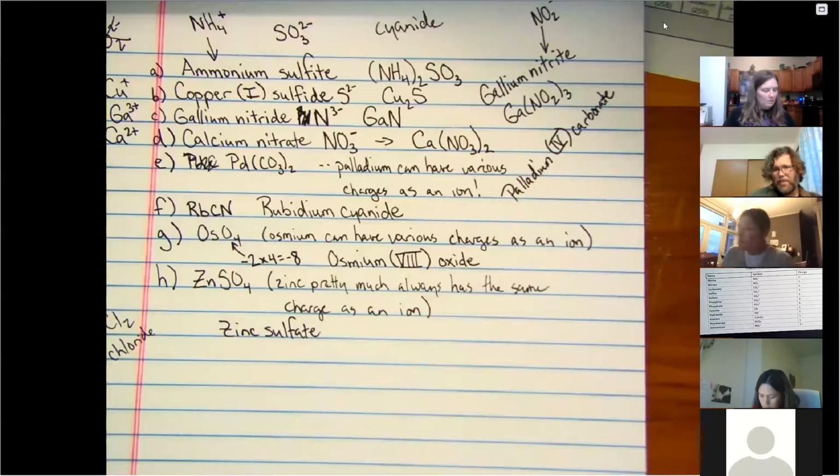Hopefully those examples have helped you guys out. So most of chapter 3 is really just, can you write the correct formula for an ionic compound? Can you name the ionic compound correctly if I give you the formula? Now, there's a lot to that, right? We have to understand how metals react to make ionic compounds. They do that by losing their valence electrons.